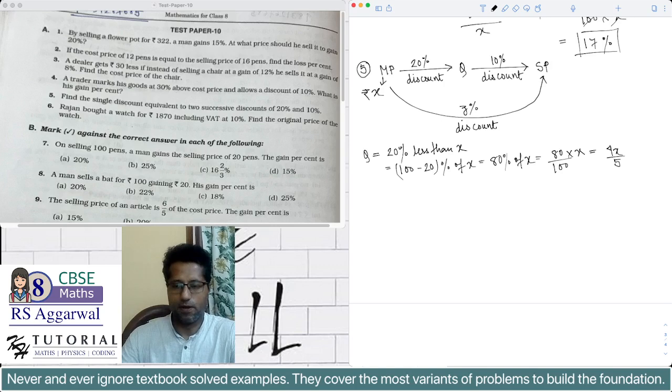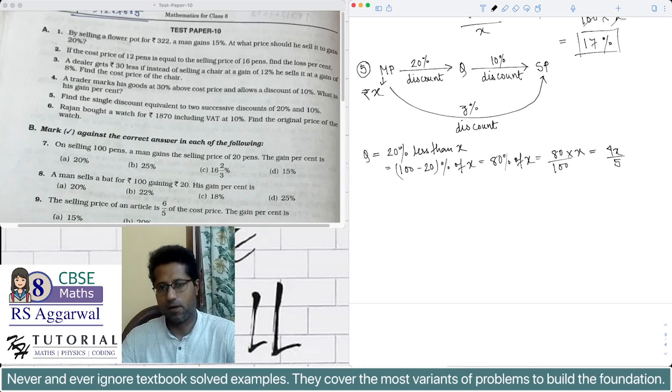So 4X by 5 is the reduced price when a discount of 20% is applied on the mark price, which we have assumed to be X.